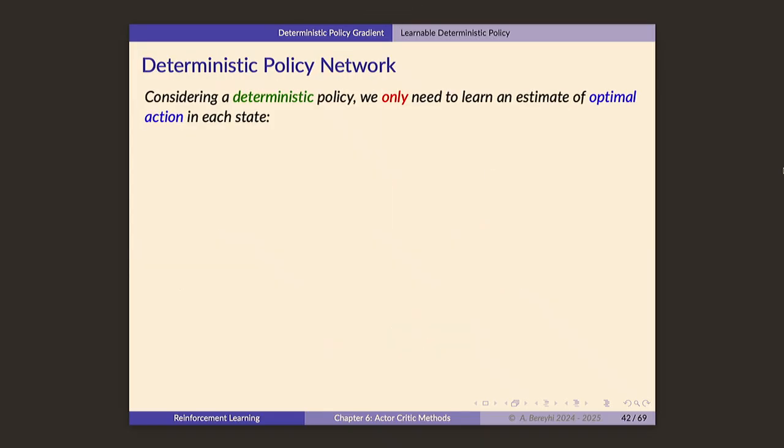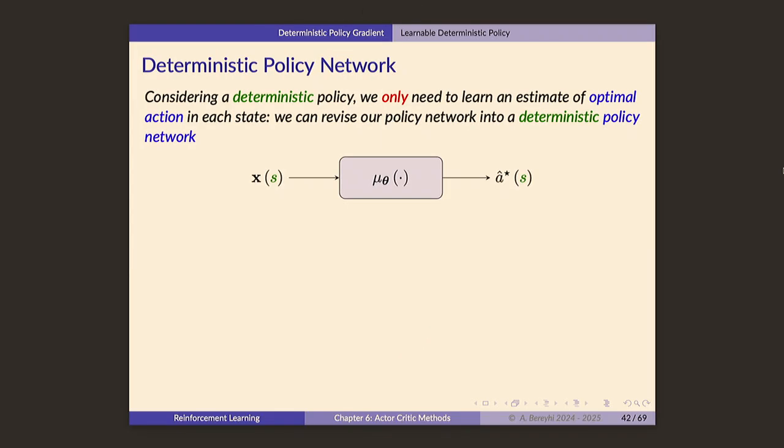So the deterministic policy network looks like this. For every state that you're in, you give your feature representation of this state to your network, and then at the output of the network, you're going to have the optimal action, right? So you are in this location, then the right direction to go is this, right? And then you change the state, you're in this location, then the right direction is this, and so on, right?